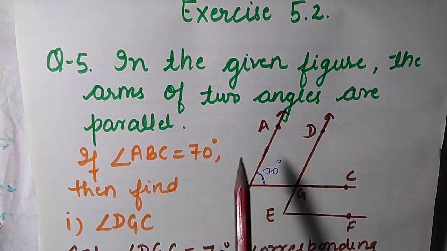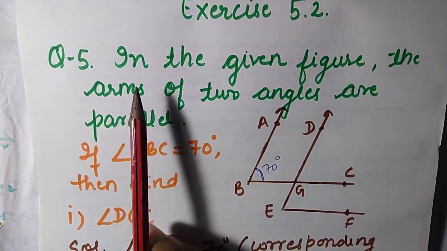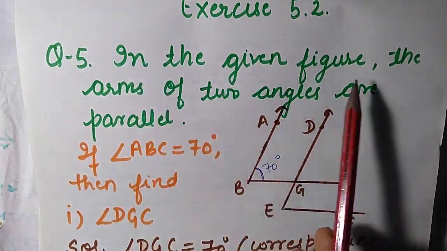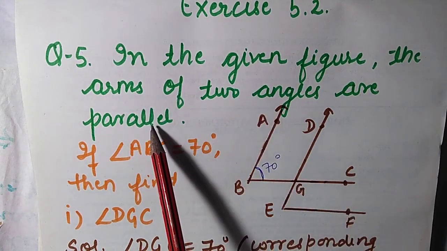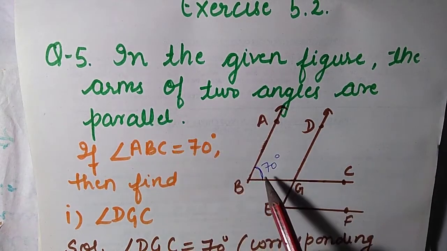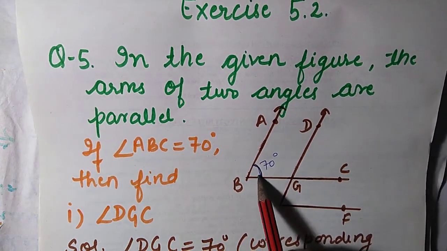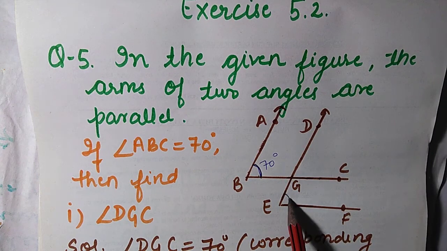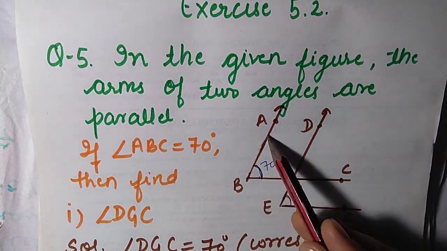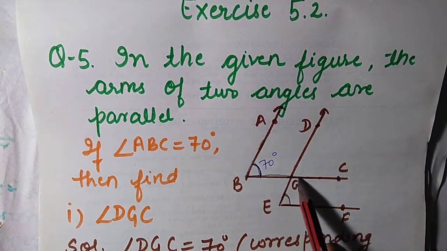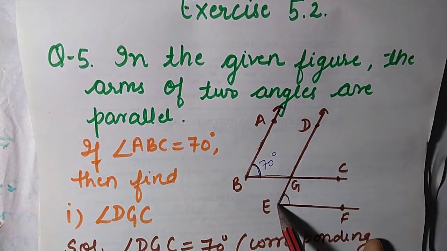So students, this is exercise 5.2, question number 5. What is given? In the given figure, the arms of two angles are parallel. It means here we have the formation of this angle and the formation of this angle. This angle is made up of these two arms, and this angle, that is angle E, is made up of these two arms.